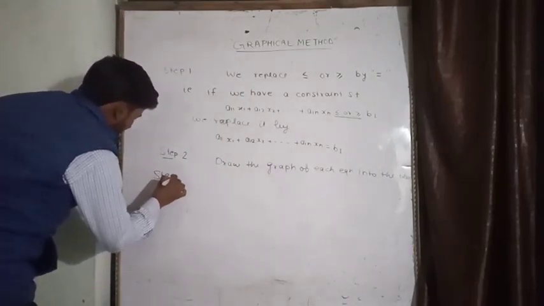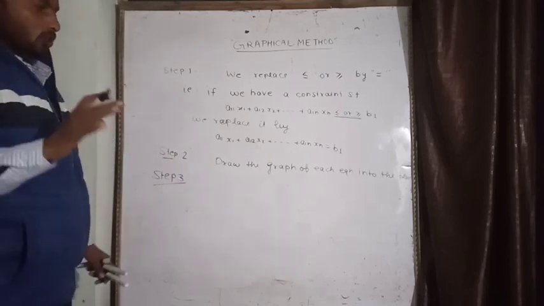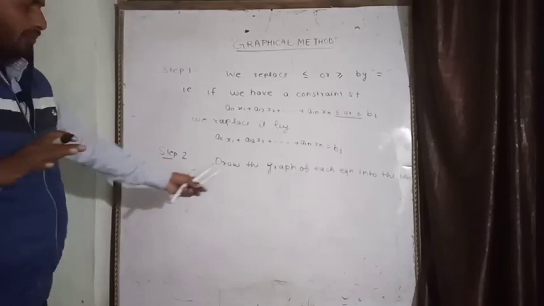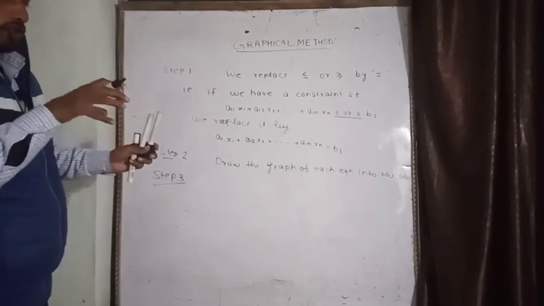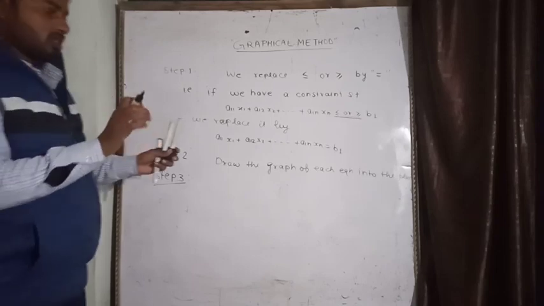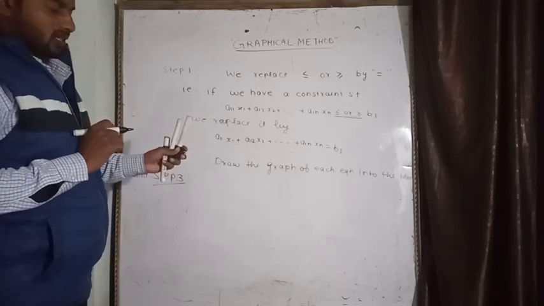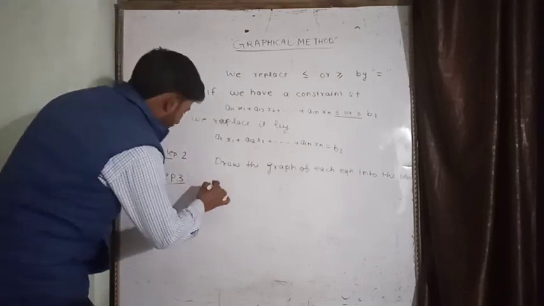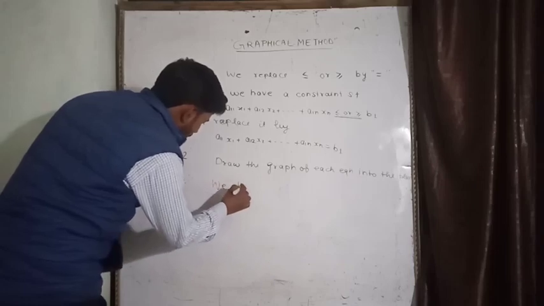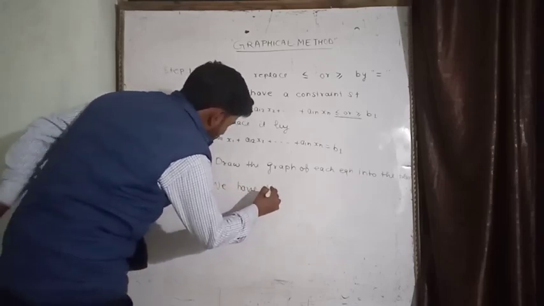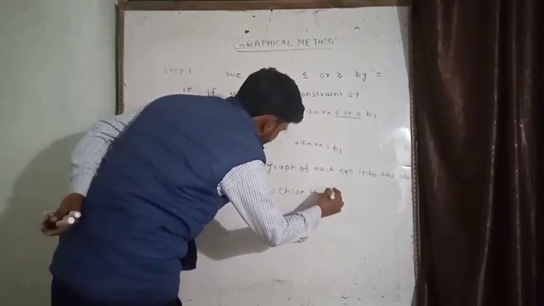Next is step third. In step third, we will show the feasible region, that is that region in which the solutions satisfy the constraints and also the non-negative restrictions. So we have to choose the feasible region.